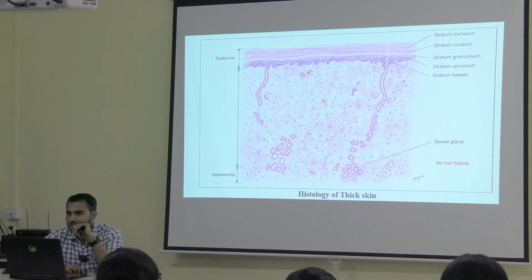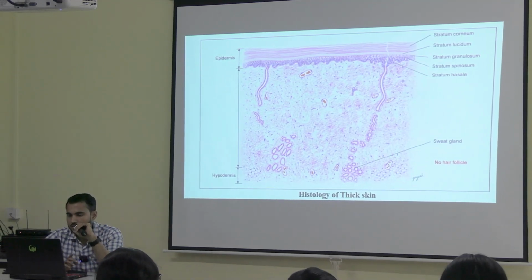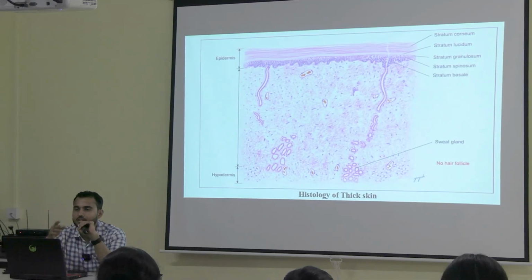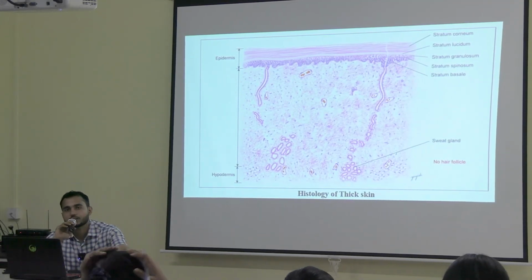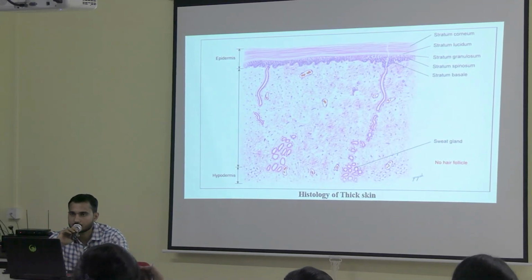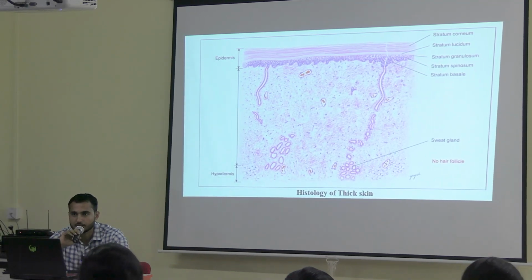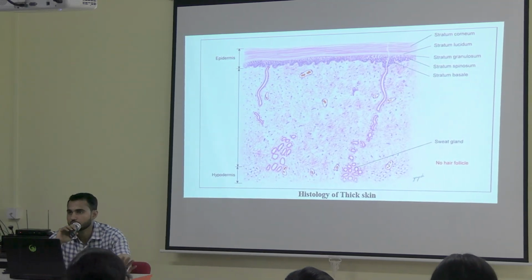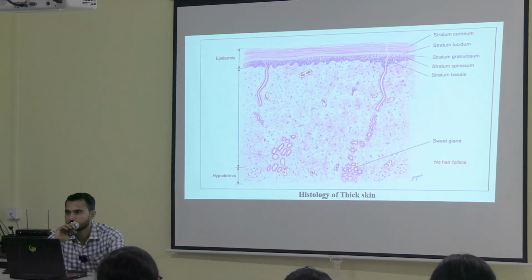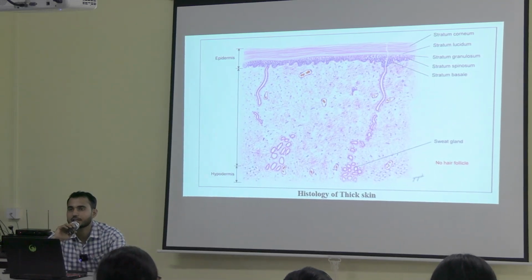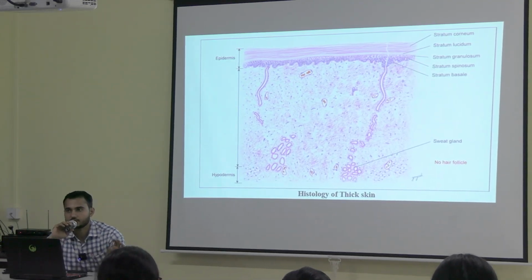Next, in the dermis, hair follicles are absent. If hair follicles are absent, then sebaceous glands will not be there, and erector pili muscle will not be there. But the number of sweat glands is higher, as you can see in the diagram. So this is the diagram of thick skin.